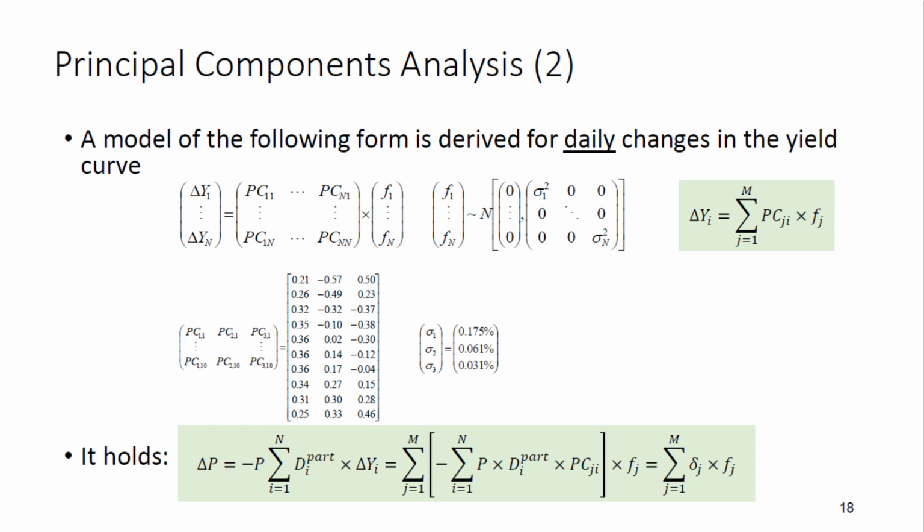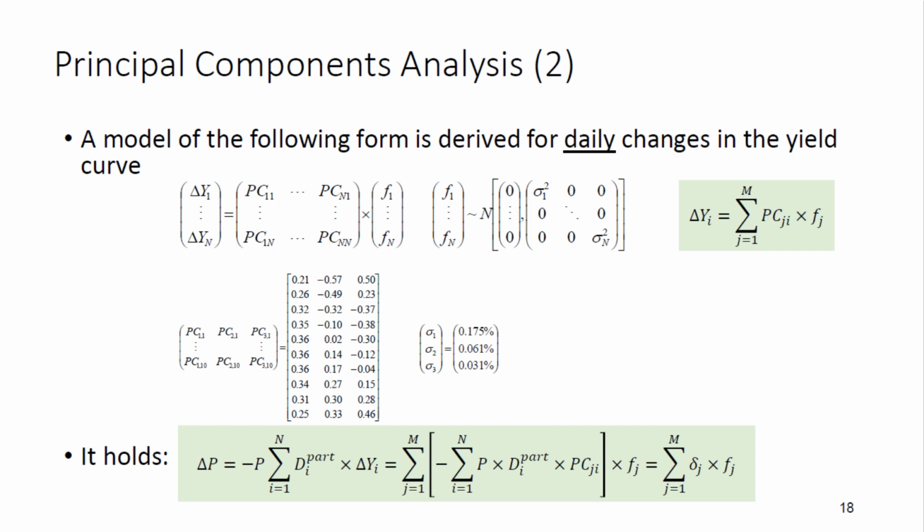So it says the change in yield i, I take the principal components in the ith row, and I multiply them with the factors. I put an m here, so I take m factors, and the reason why I put m is because I allow the number of factors that I want to include to be different from n.